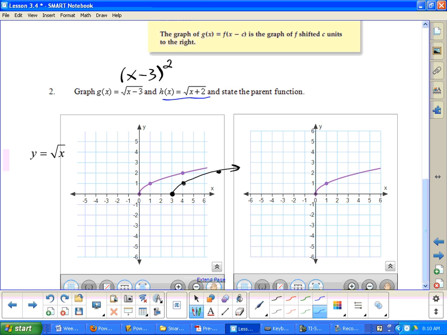So this is going to be a horizontal shift 2 units to the left. So my new starting point is at negative 2. Go up 1 and over 1, put my point. Go over 4, up 2, and so on. And there's my graph.